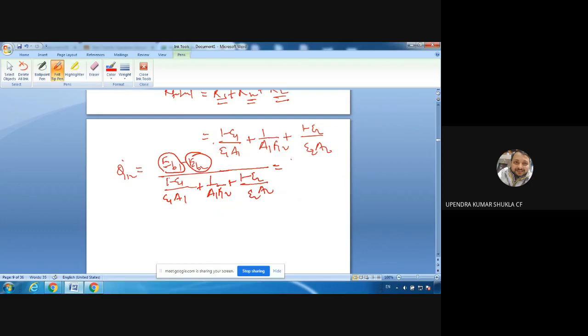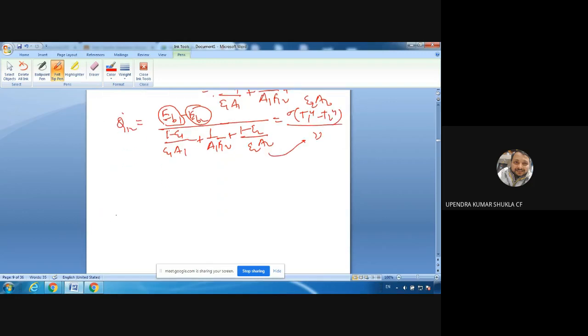So we can further write Q12 dot is equal to sigma (T1 to power 4 minus T2 to power 4) divided by this sum of resistances.